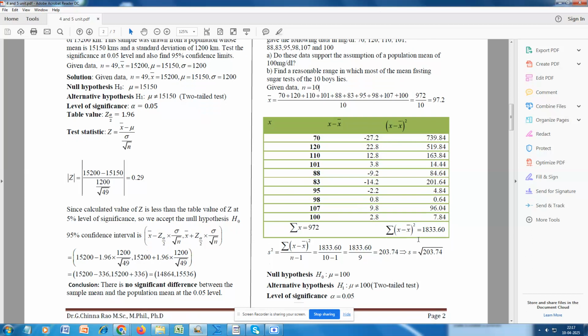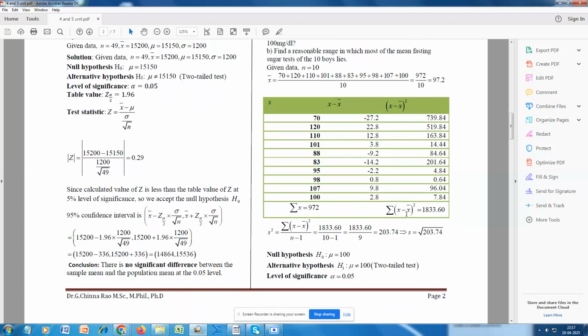So finally, we find sigma x minus x bar whole square is 1833.60. So s square is sigma x minus x bar whole square by n minus 1, which is 1833.60 by 10 minus 1, which is 203.74. So s square is equal to 203.74, s is equal to root 203.74.